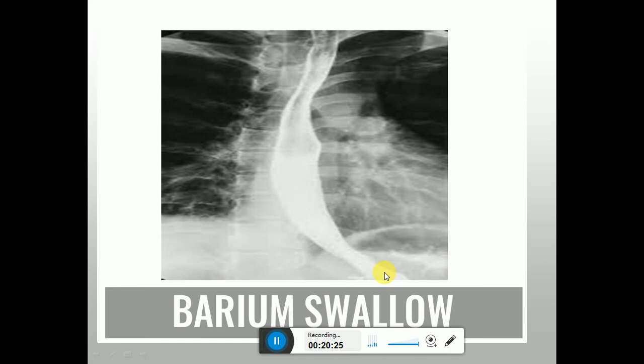This is the normal esophagus. If there is any abnormality, any hernia, hiatus hernia, we can see different obstructions in this esophagus. Otherwise, the normal esophagus is seen like this in barium swallow.